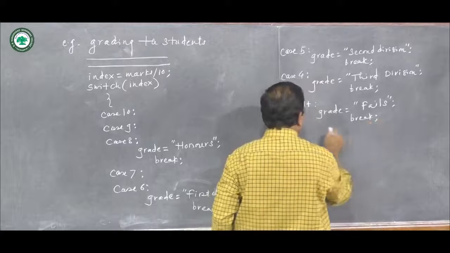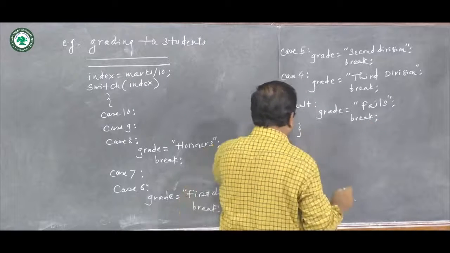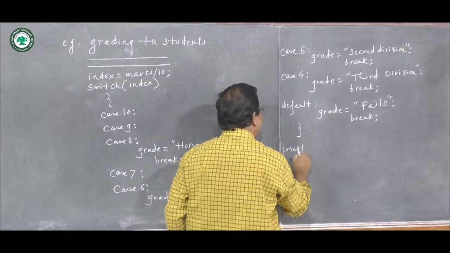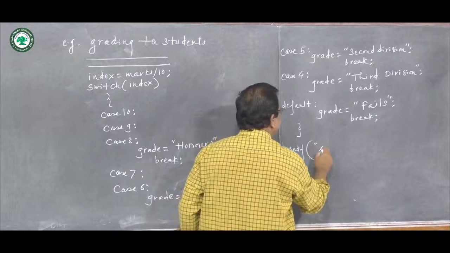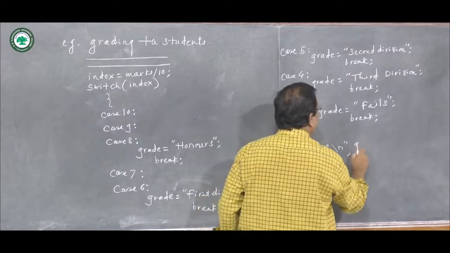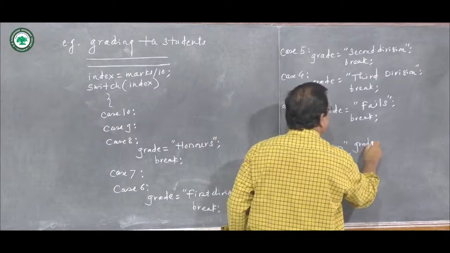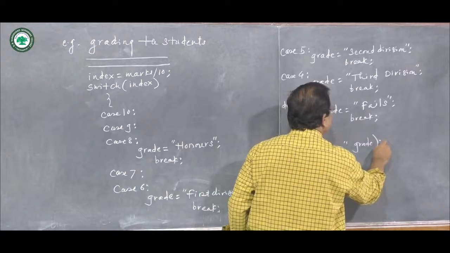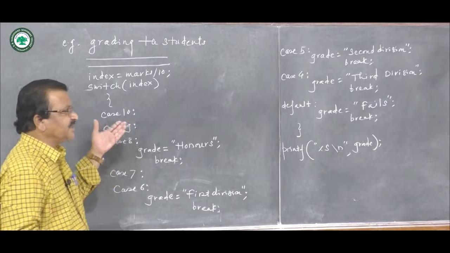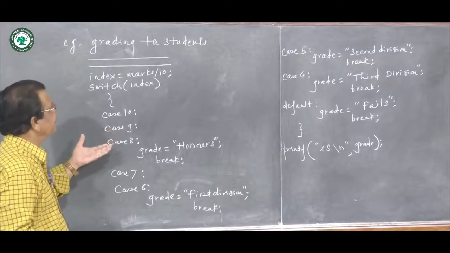Here the switch statement gets completed, and when the control comes out, what it prints is printf, a string on a new line, and the value of grade. So this is an example of a switch statement.